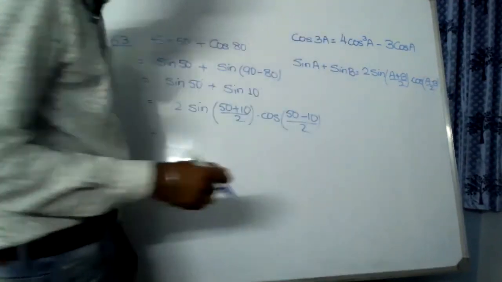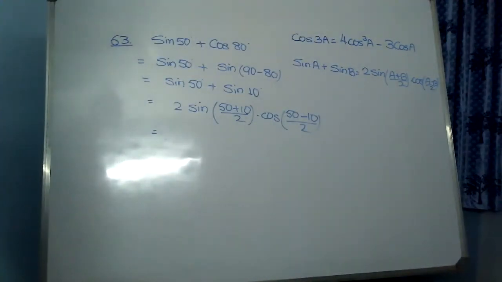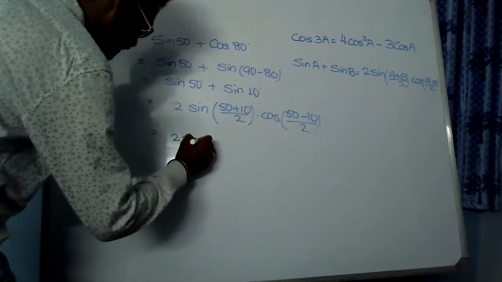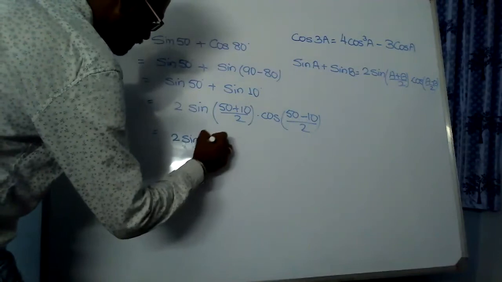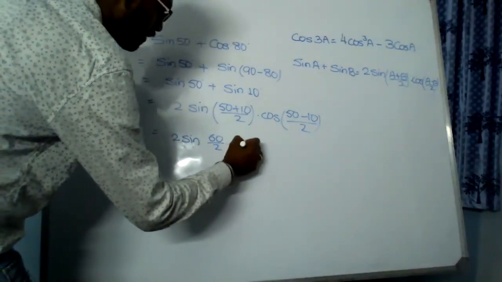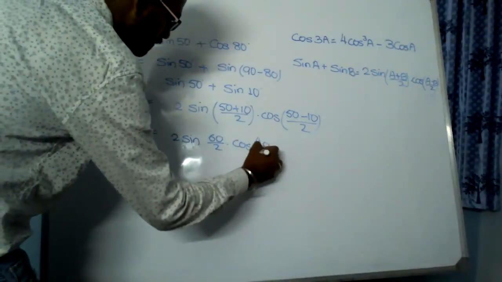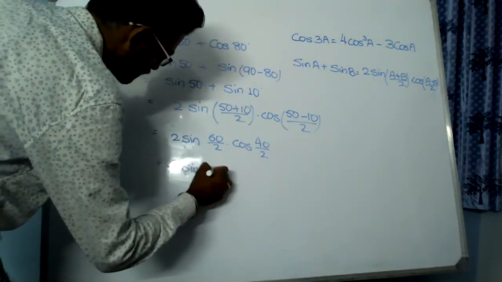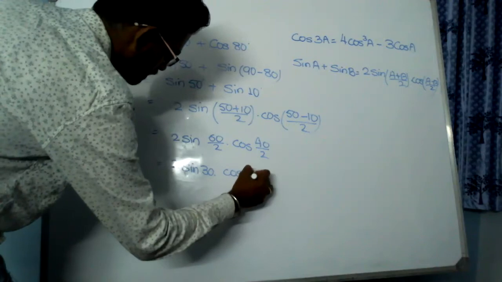This is the formula I'm using here. So if I go ahead, it will give me 2 sine 60 by 2 into cos 40 by 2. 60 by 2 is sine 30, of course, right? So 2 sine 30 cos 20.